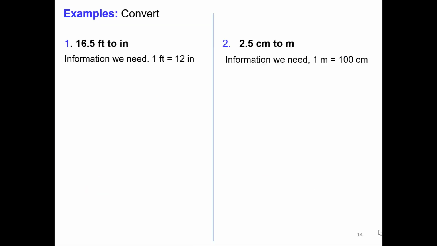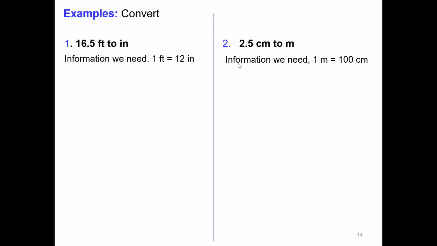In this example, we want to convert 16.5 feet to inches. The equality we know is 1 foot equals 12 inches. Now we need to write the conversion factor in order to cancel out the feet and get the answer in inches.